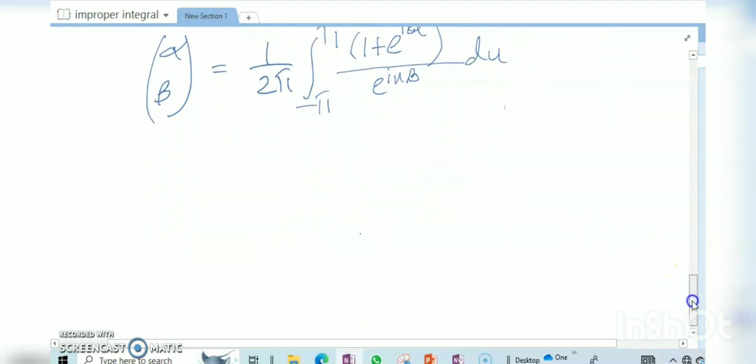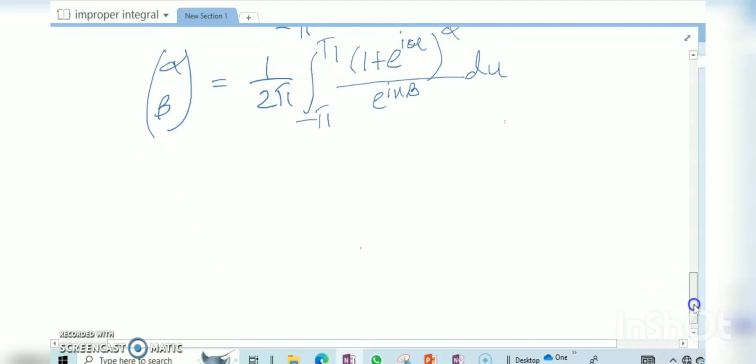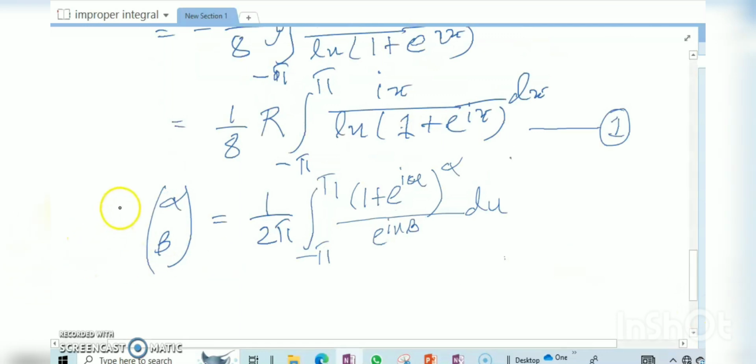Now friends, differentiate this portion with respect to beta, where beta equals 1, simple derivatives.